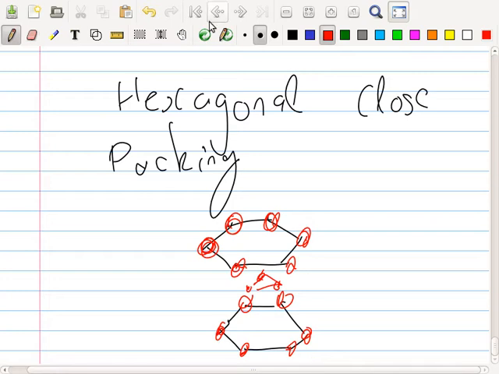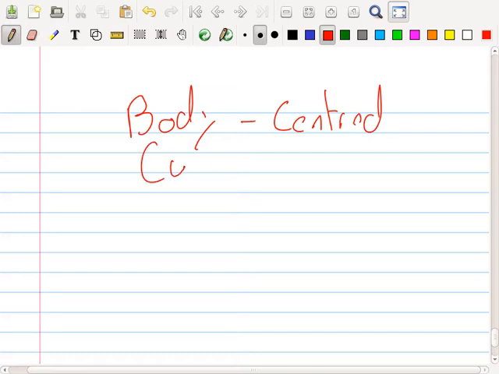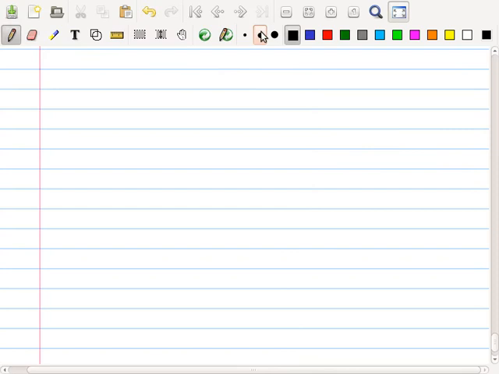And then the last one we have is body-centered cubic. So that's when they're packed like this. We have to memorize the drawing also. Yes. Sorry, this isn't great.